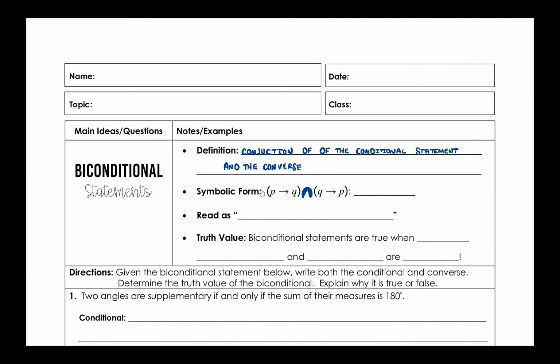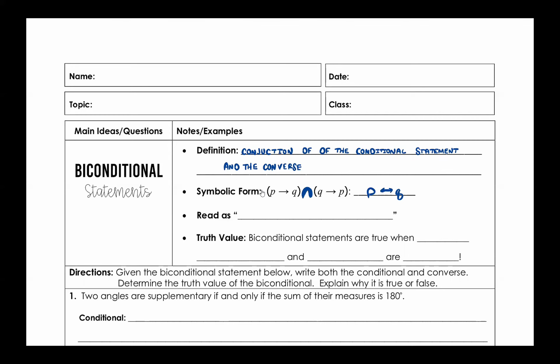So in symbolic form, you've got P implies Q, and Q implies P. So instead of having to write that out every time, our shorthand is going to be P with a double arrow to Q. So P implies Q, Q implies P. P can't live without Q, Q can't live without P. They must be true.